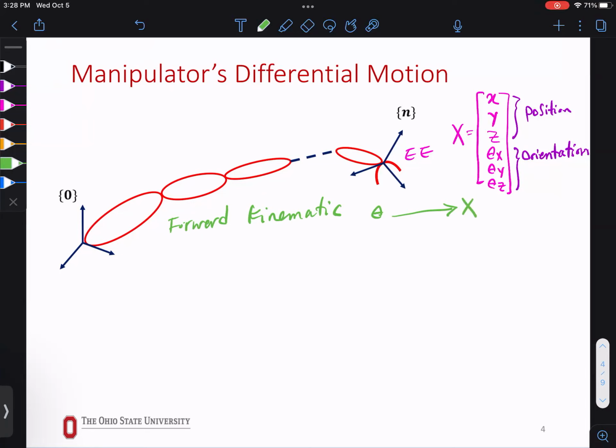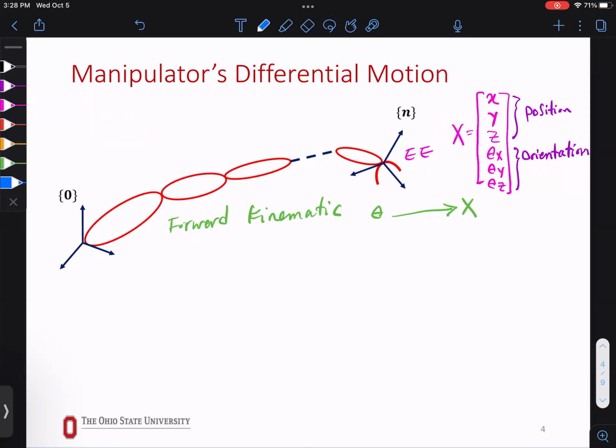Now, if we think about instantaneous kinematics, what does it mean? If we move all the joints by a little bit, delta theta, is it still kinematics? It's not a big motion, right? It's partial. So we can look at instantaneous, still kinematics. We haven't gone to dynamics. We froze time, moved, and we're looking at it again.